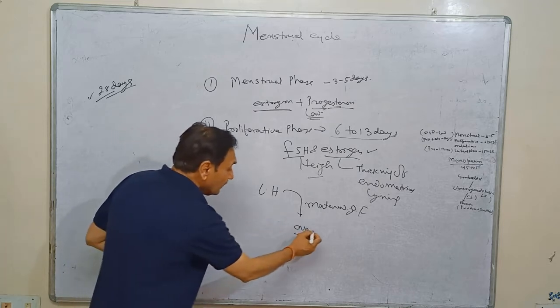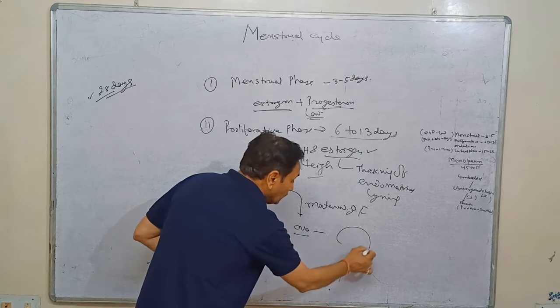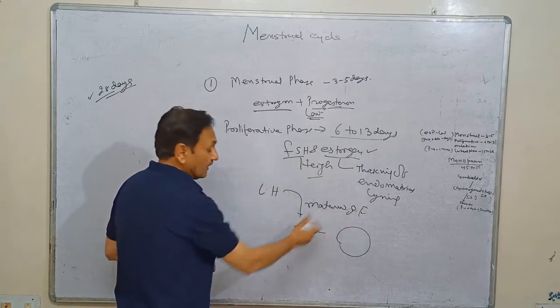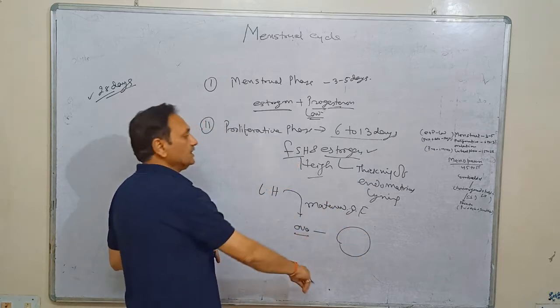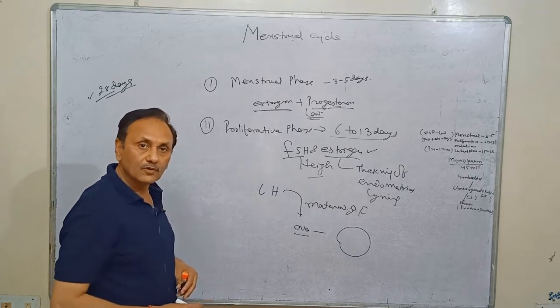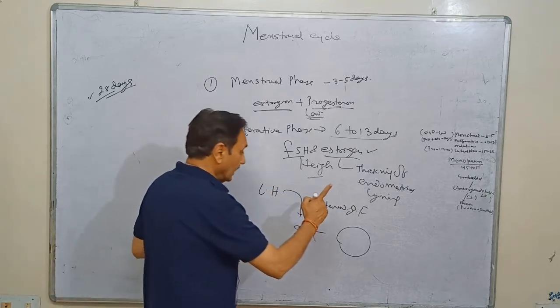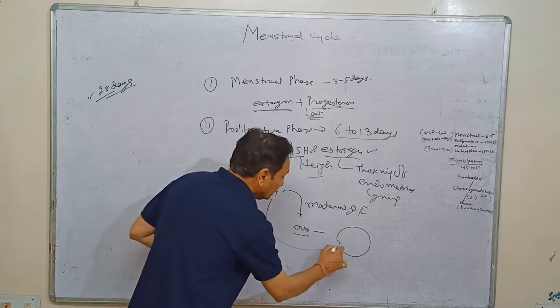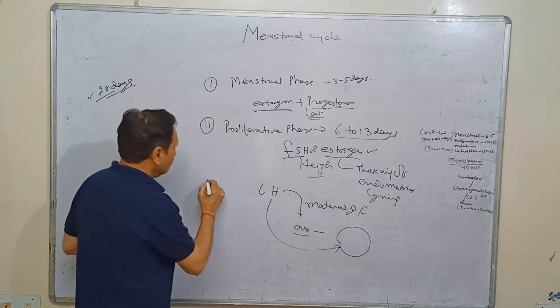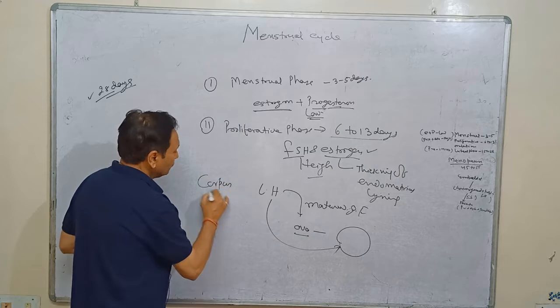After ovulation, a certain part of the matured Graafian follicle is retained inside the ovary, and that retained part, when it comes in contact with LH, will form the corpus luteum.